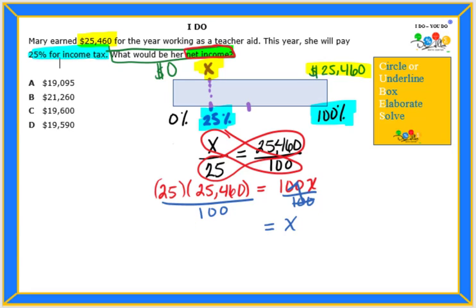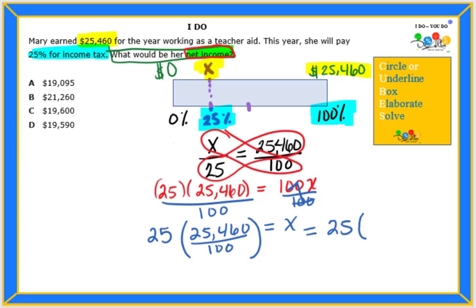Or we can simplify that, and we can bring our 25 outside, and we can use 25,460 divided by 100. And if we do that, we're now going to have 25 times.